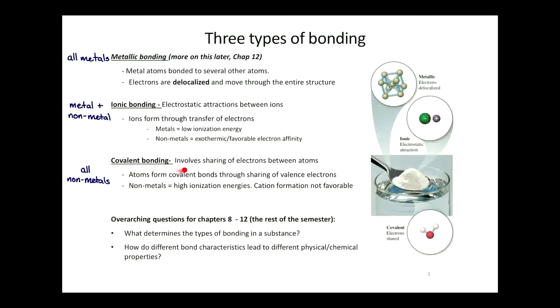And then finally, covalent bonding, all nonmetals, because basically ionization energy and electron affinity are the same for all nonmetals. There's no driving force for electrons to be transferred, so electrons are just shared between atoms instead. These yield really high energy, strong bonds, but the description here is completely different.